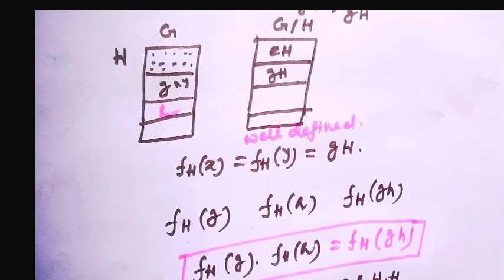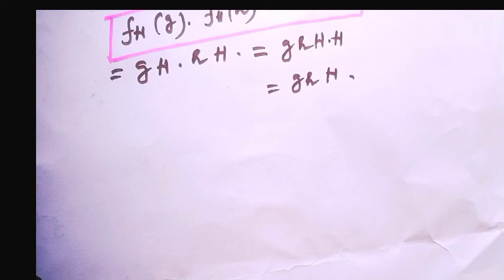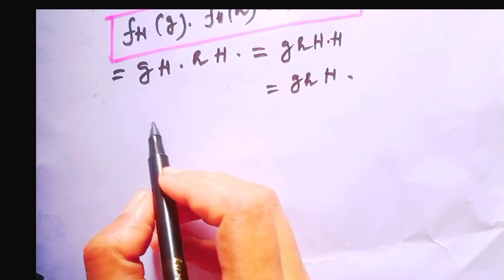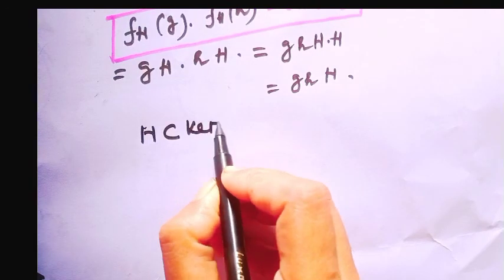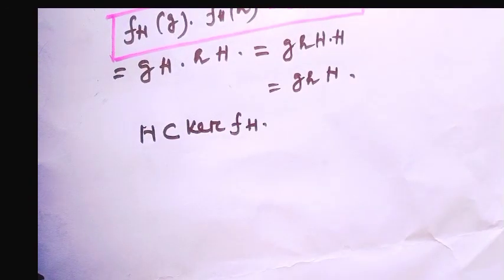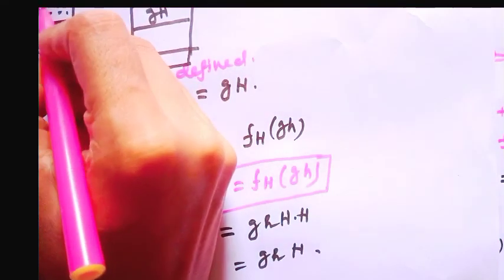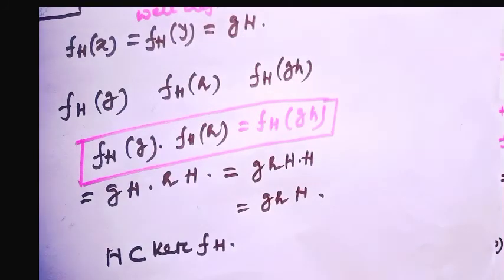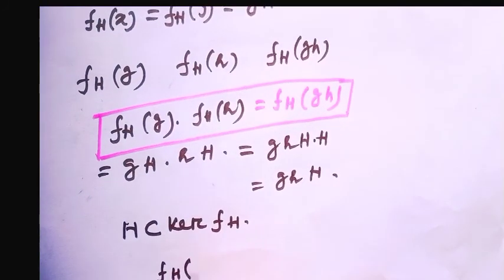Now we have to prove the kernel is exactly H. That means at first we have to prove H contains the kernel of f. Pick an arbitrary element k from H. Then what would be f of k?